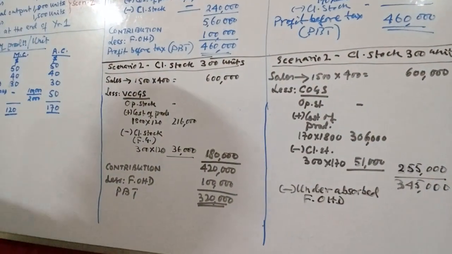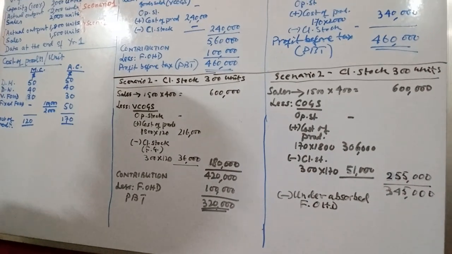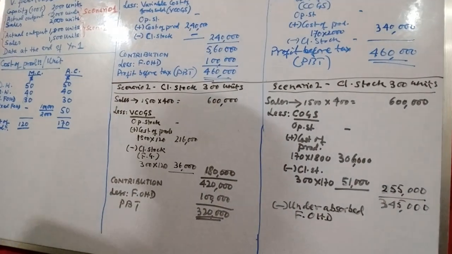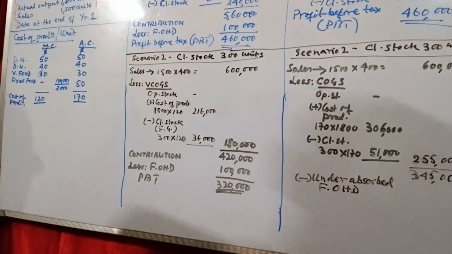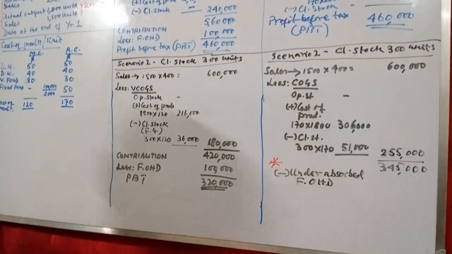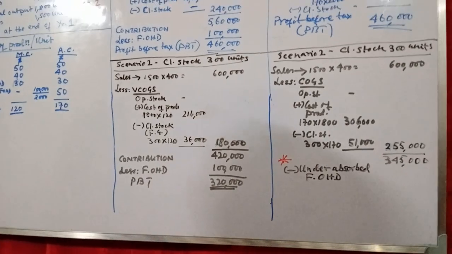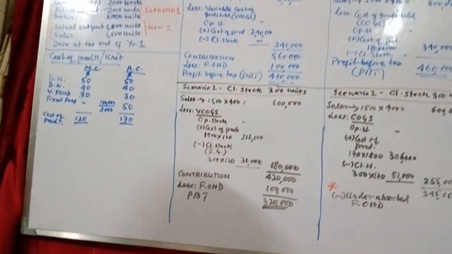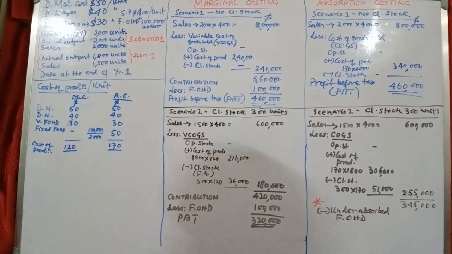This is very important, and please carefully watch this part. How many units could the firm not produce? 200 units.